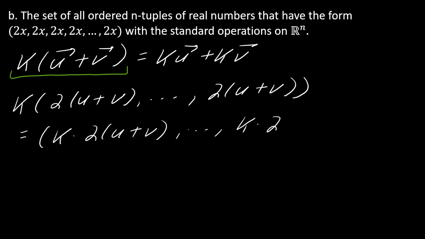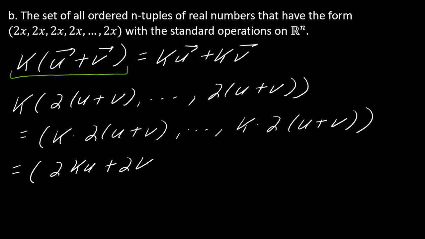Okay, so now let's distribute this. Within each n-tuple, this becomes 2ku plus 2kv all the way down. So now I've distributed that all the way down.